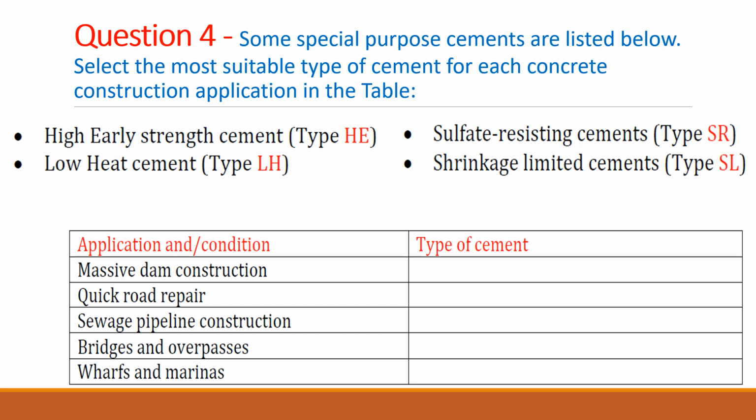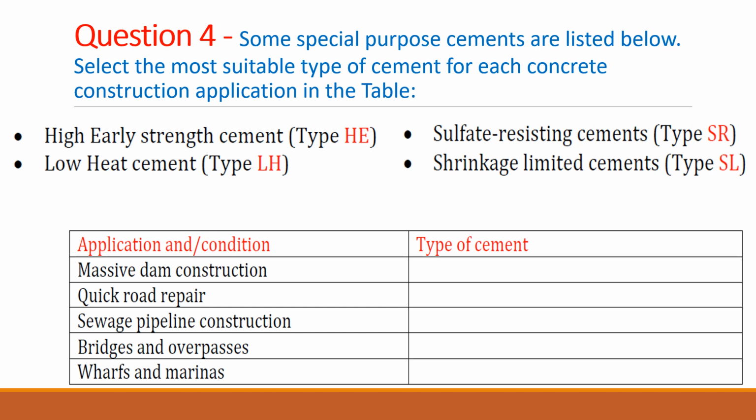Okay, so massive dam construction. We don't want to gain the strength quicker, because it's not an urgent job. The heat is the problem, isn't it? Because it's a massive concrete, a lot of heat is generated, and you don't want the dam to crack due to the thermal expansions and contractions.